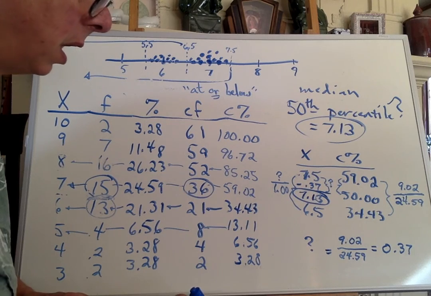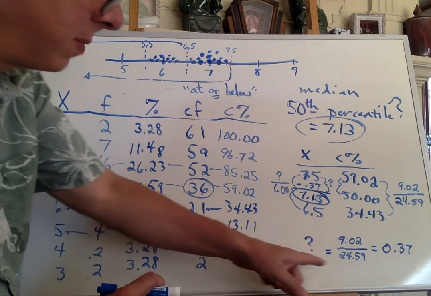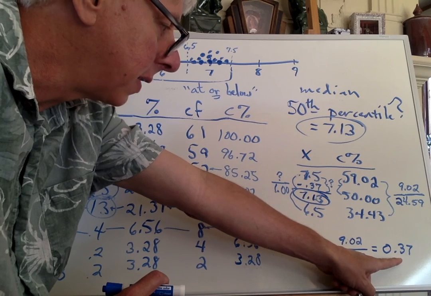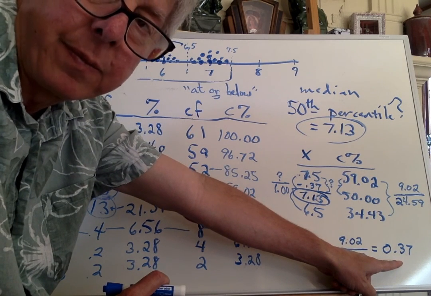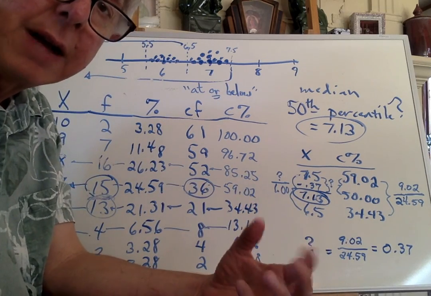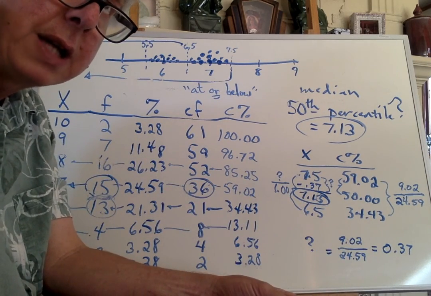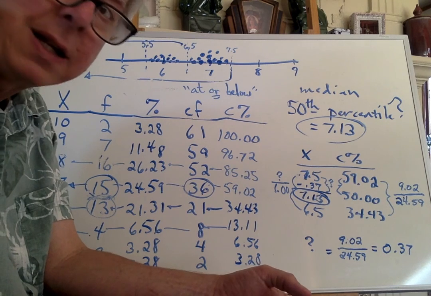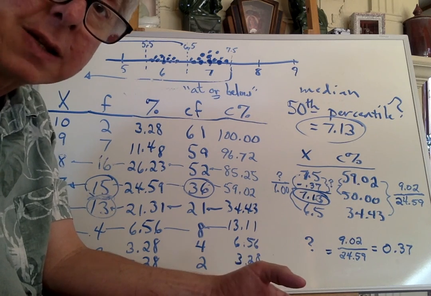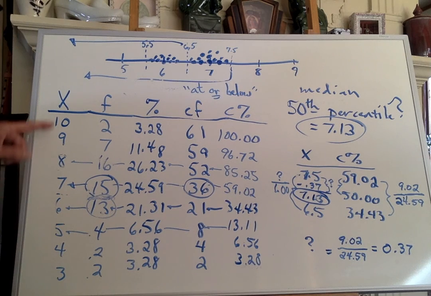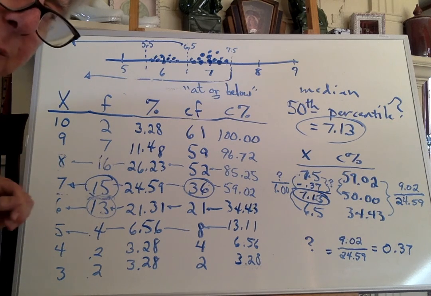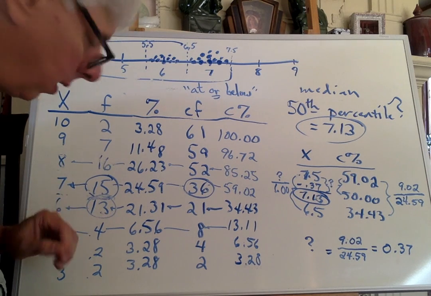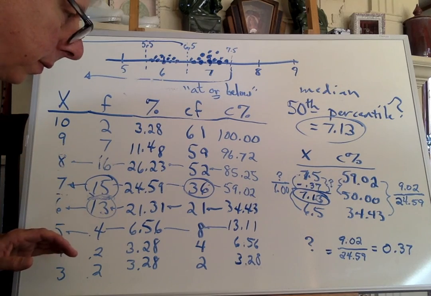Another thing, people sometimes get to this point, and then they say, okay, my median is 0.37. Of course, what's wrong with that? Well, it tells me you have no idea what the median means. The median is the place in this distribution where 50% of the scores fall at or below.